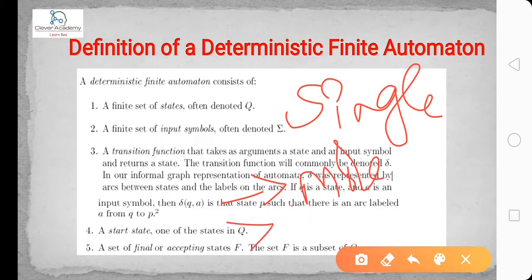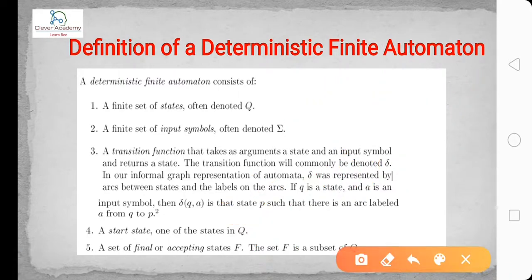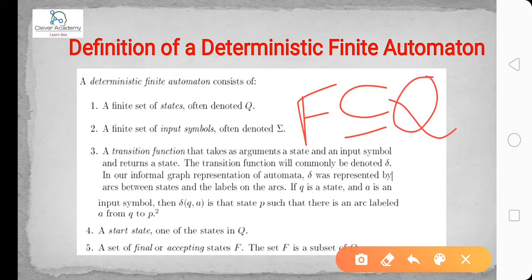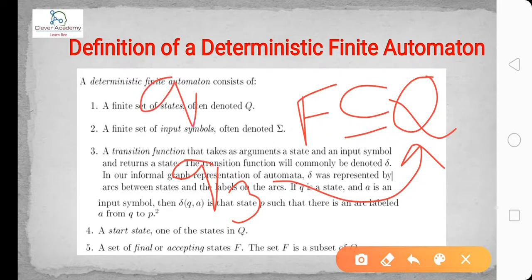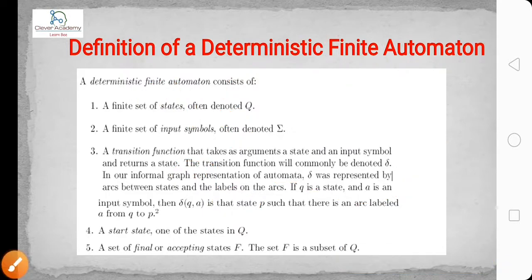Whatever final state we represent must also be in Q. If Q3 is the final state, Q3 should be in Q. If Q5 is the final state, Q5 should be in Q. So F is a subset of Q.